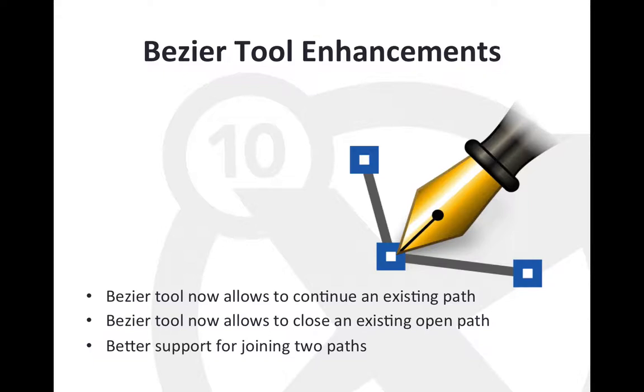Of course, we're not suggesting QuarkXPress as a replacement for Illustrator, but there are lots of occasions when you need to do work with Bezier lines, and it's far easier to do that work in the context of your layout than doing that in a third-party application and switching tools the entire time. So we think that this is going to make a big difference, and certainly designers I've spoken to say that this will make a big difference for them in terms of how much they use Bezier tools inside of QuarkXPress.